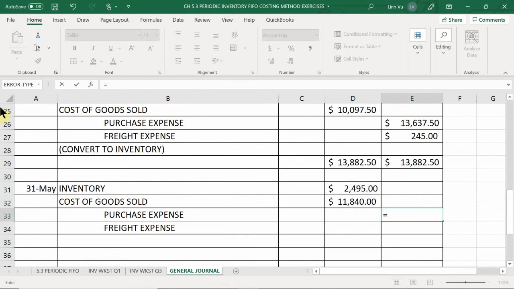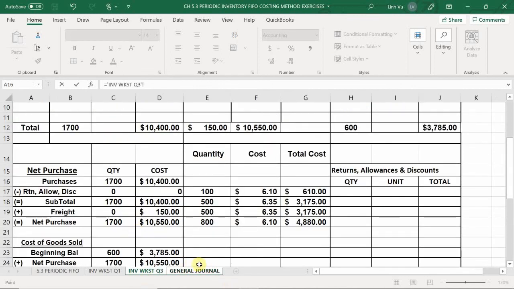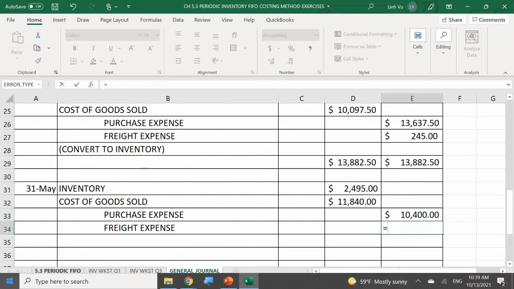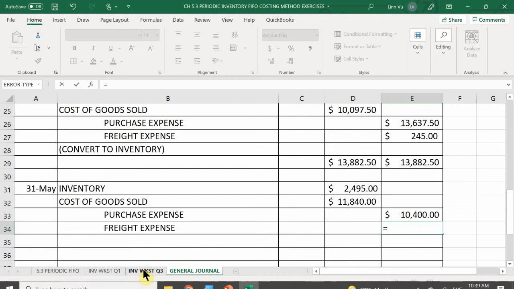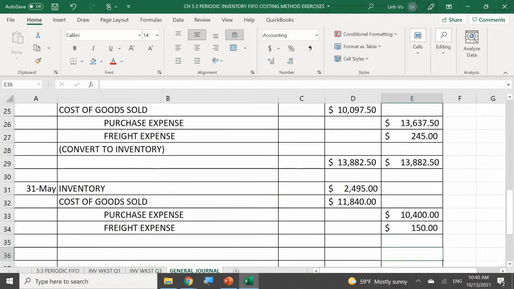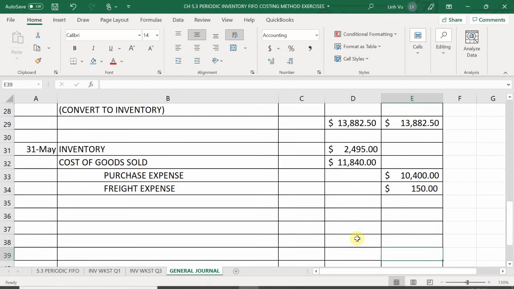What was my total purchases? 10,400. Yes, because we have freight separately. So what was my total freight? 150.